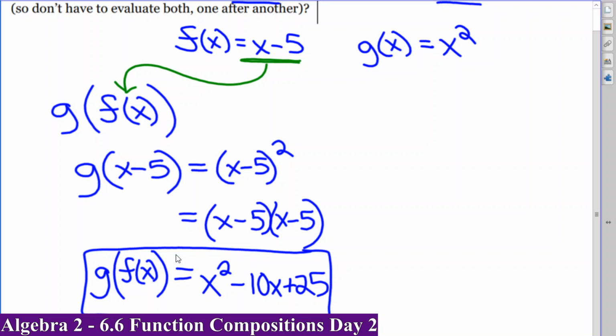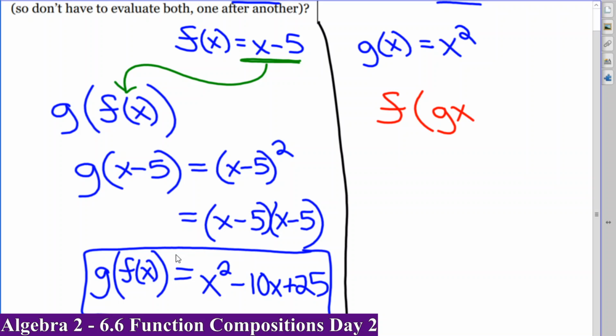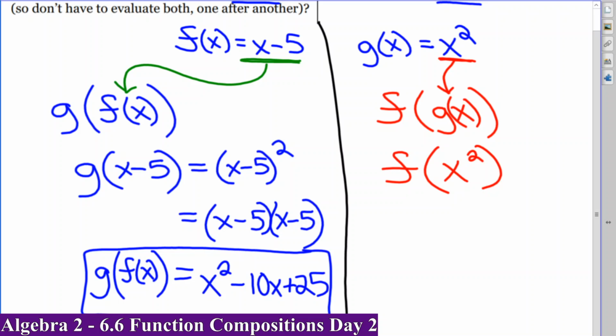Okay, let's see what we can find for f of g of x. Remember, we're just going to be taking this x squared and substituting it in for g of x. So we're technically taking f of x squared.